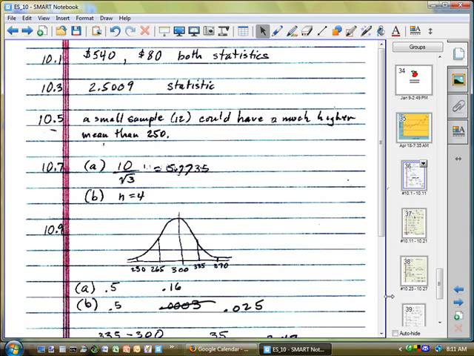Example 10.10 I see is on page 269. Now there it seems to indicate it's a sample.